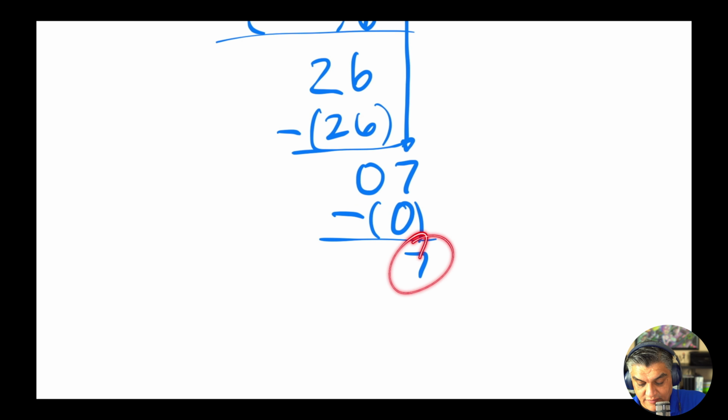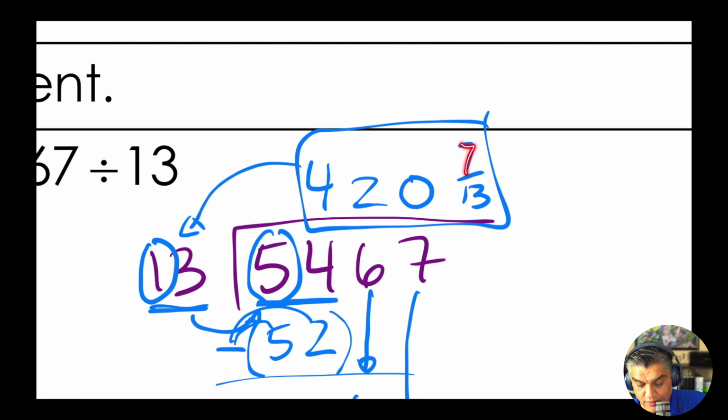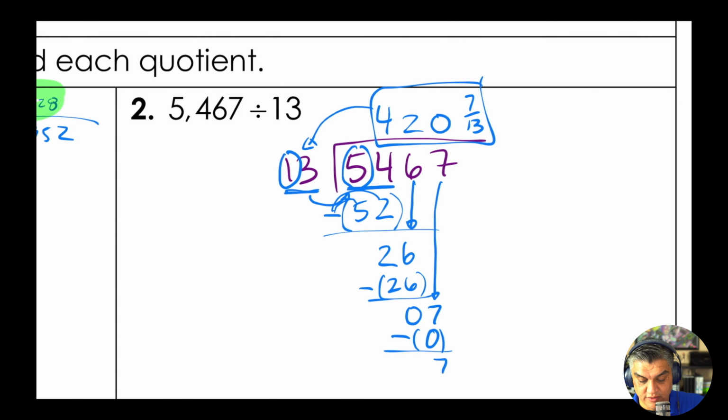We made a fraction. We put 7 over what we were dividing by, 7 over 13. So this became 420 and 7/13 because I have 7 pieces out of 13 because I was dividing by 13. And that's exactly what we do. We make a fraction. And we put the remainder over what we're dividing by. Just like we did back in elementary school.